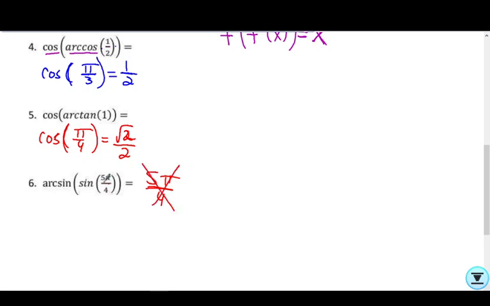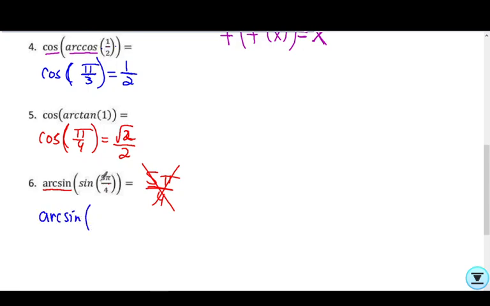Because technically you should get back 5 pi over 4, but 5 pi over 4 is in the third quadrant. Arcsine will not give you back any third quadrant values. Okay? Arcsine will give me back a pi over 4, but not 5 pi over 4.